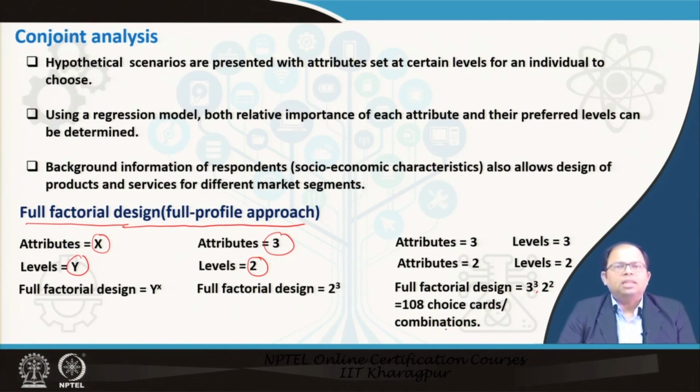So as you can understand, it is very difficult for the researcher to decide what kind of combinations he can present to a person. Because if I present 108 choice cards to one person, then he would of course be overwhelmed. So we can only give him a set of 3 cards or 4 cards or even less than that.